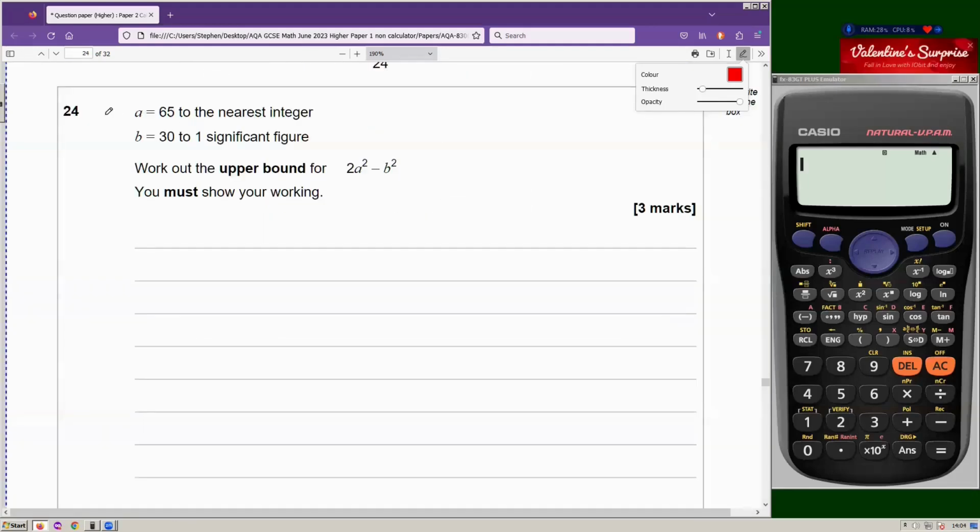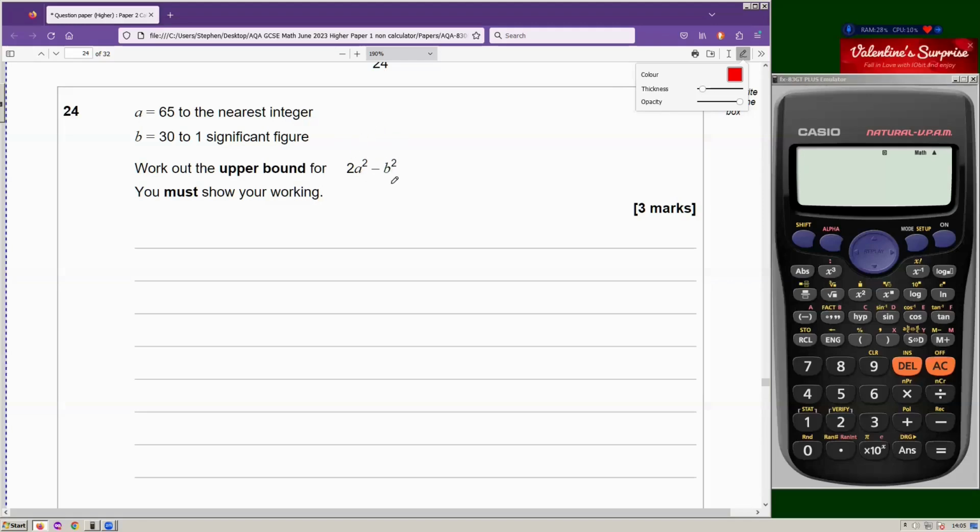Okay. 24. A equals 65 to the nearest integer. B equals 30 to one significant figure. Work out the upper bound for 2a squared minus b squared. You must show your working. So the upper bound, we want the biggest number this could possibly be.